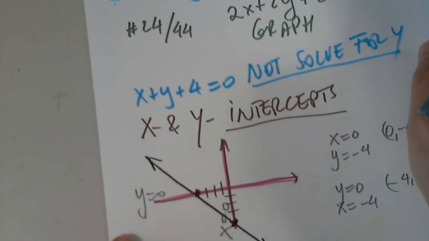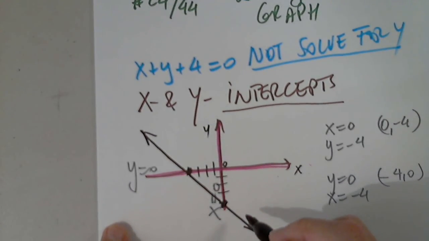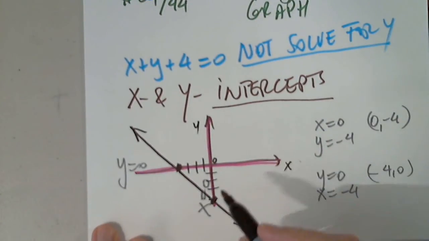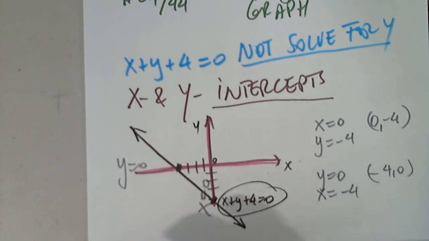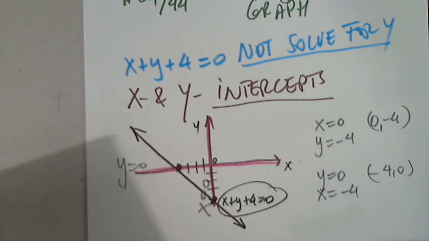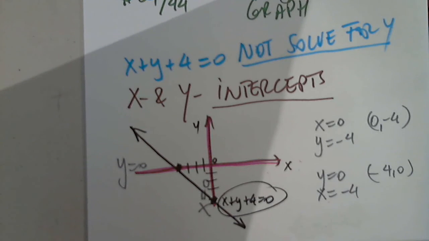And at the same time, I will write the equation that I graphed, like I did everywhere. So this is x plus y plus 4 equals 0. You can write it anywhere, but you have to write it somewhere, so we don't forget what we graphed. So that's how we determine the x and y intercepts.